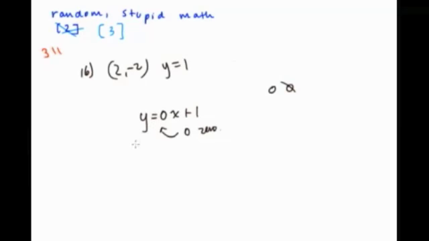So if the slope is undefined, then you know that it's going to be some kind of x equation as opposed to a y equation. And if y is equal to 1, then the perpendicular that runs through 2, negative 2 is just going to be x equals 2. Do the math, get problem solved.